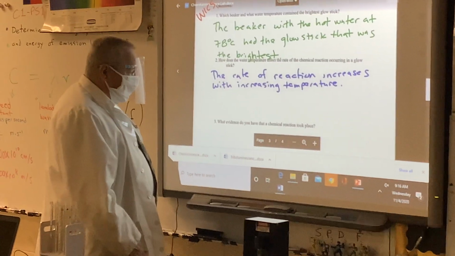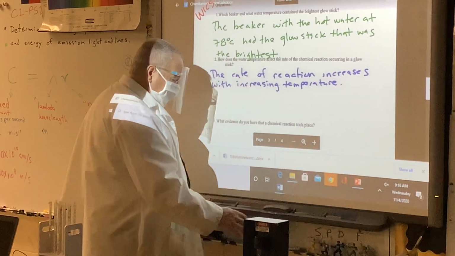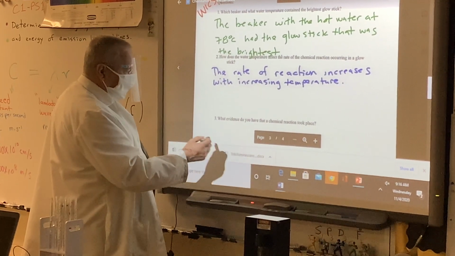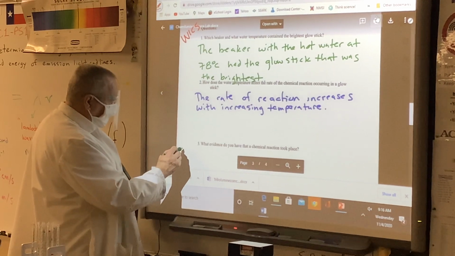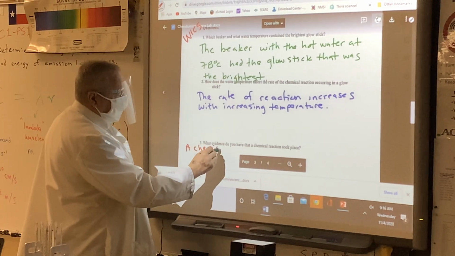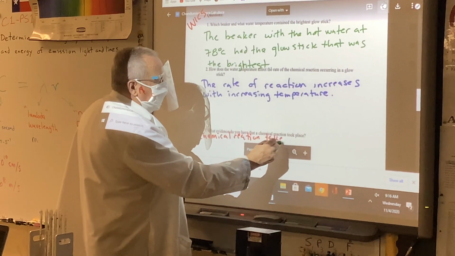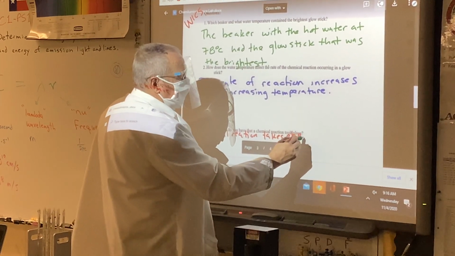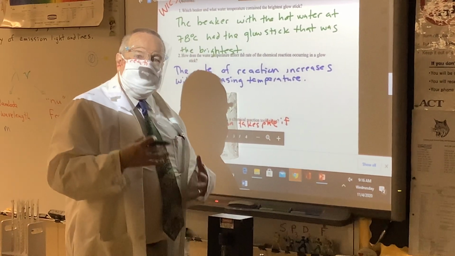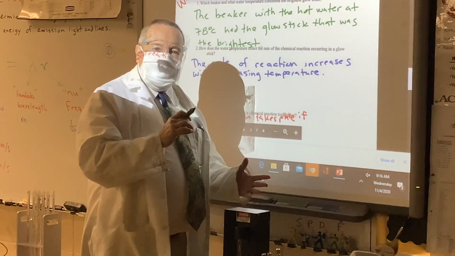And the last one is, what evidence do you have that a chemical reaction took place? And I'm going to write down here, I don't know why this thing is in my way here, but a chemical reaction takes place if there are certain ways to tell without having molecular vision to see if bonds are broken and made.